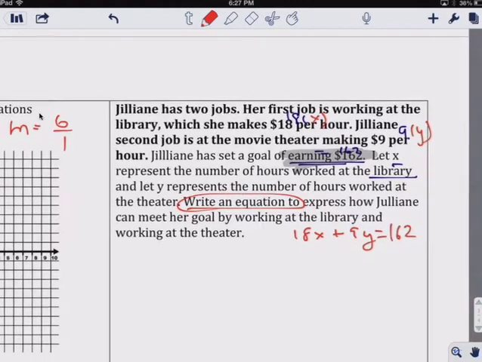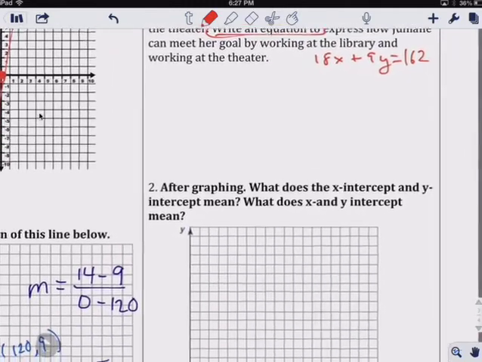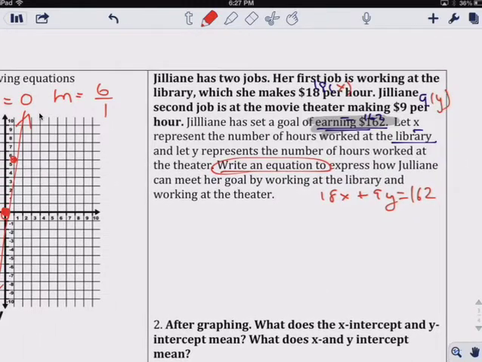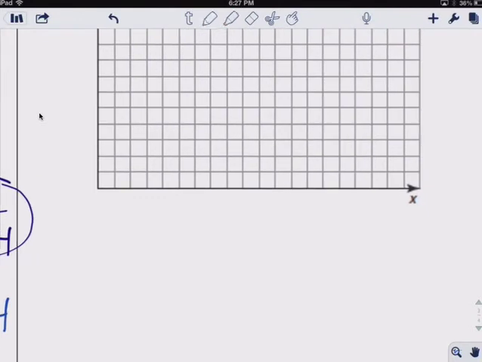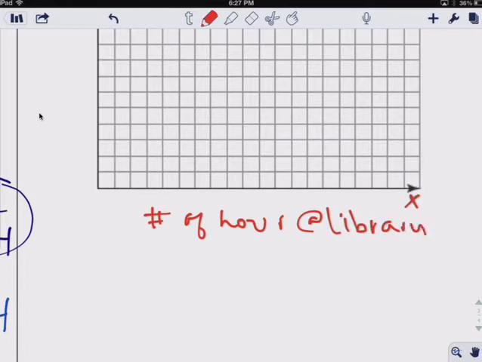Now, this is easy for graphing because it says let x represent the number of hours worked at the library. So the x-axis, the independent variable, is the number of hours at the library.